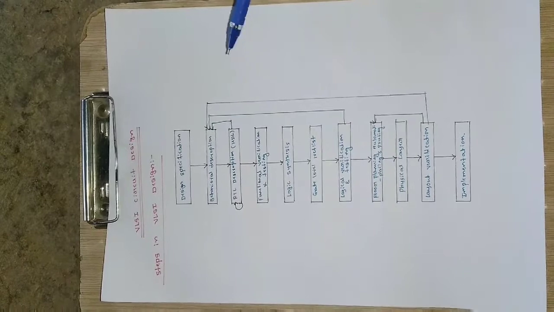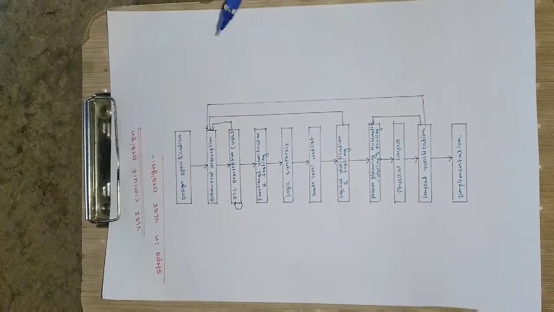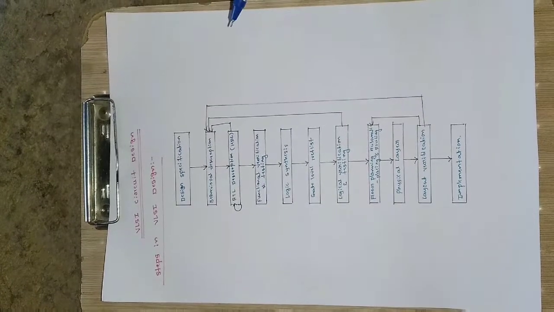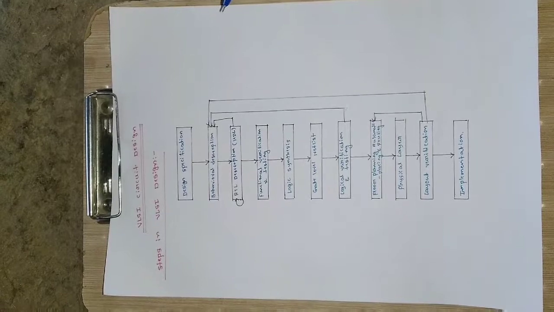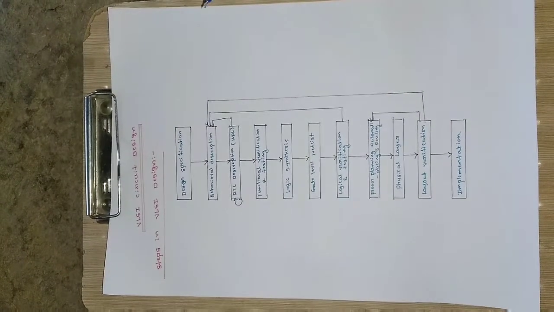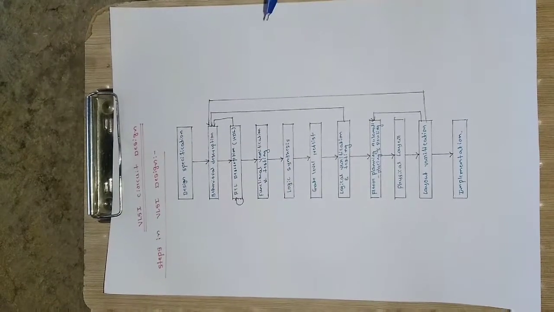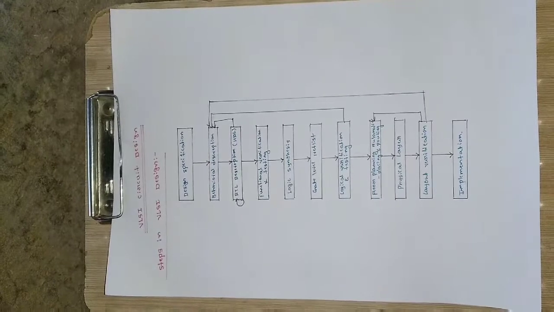A full adder can be designed with the help of two half adders as well. One half adder for the A, B input and the second half adder for the carry from the first half adder and the third input, that is C in. So these are some rough ideas which we should have in our mind in order to design the full adder. That is nothing but the design specifications here.